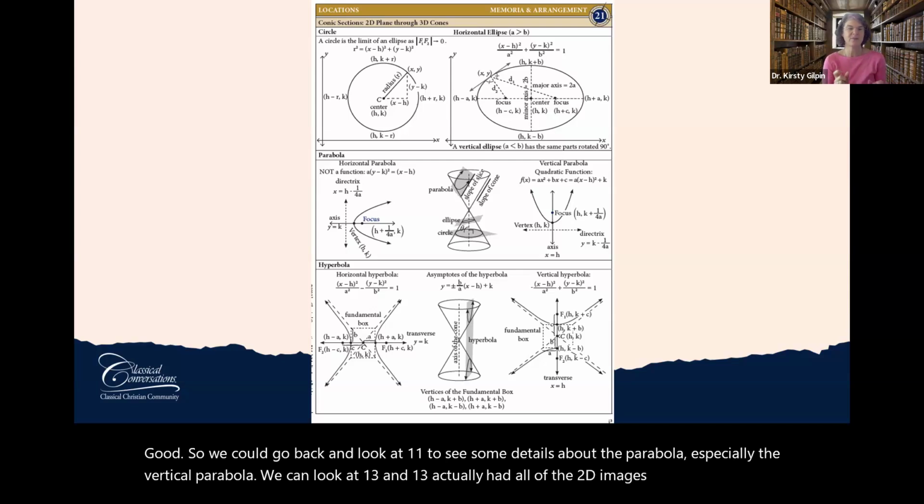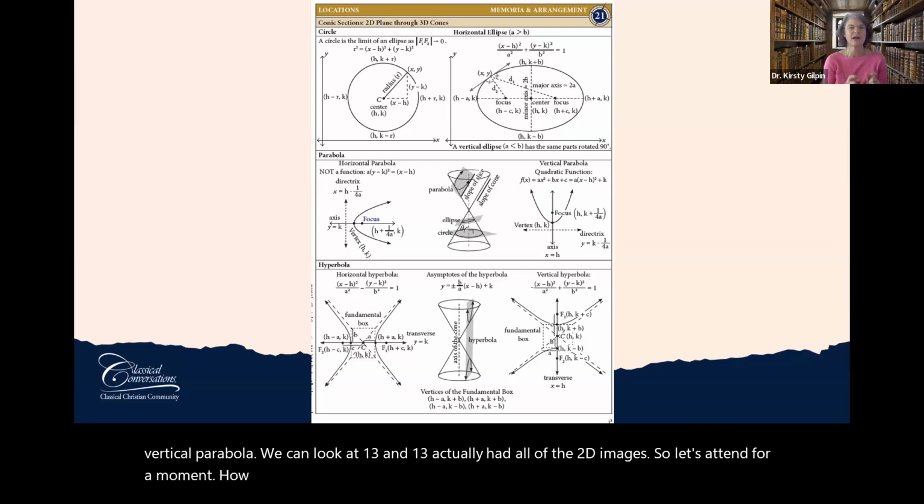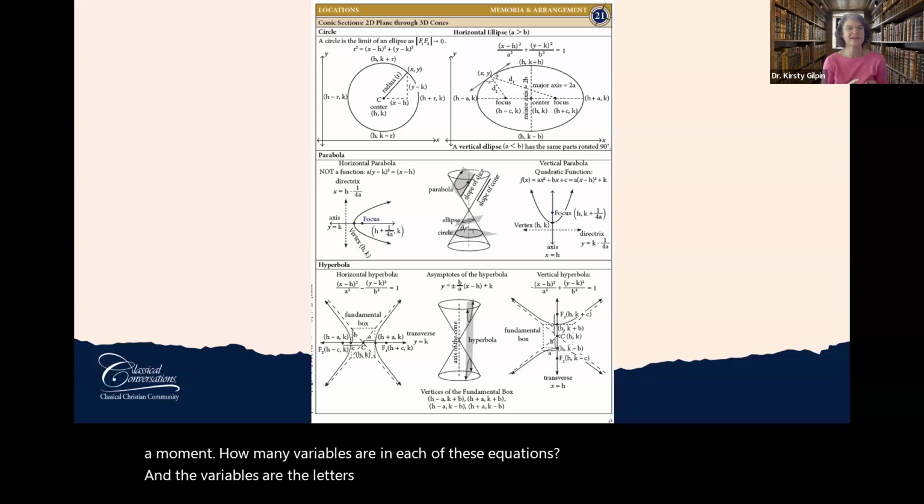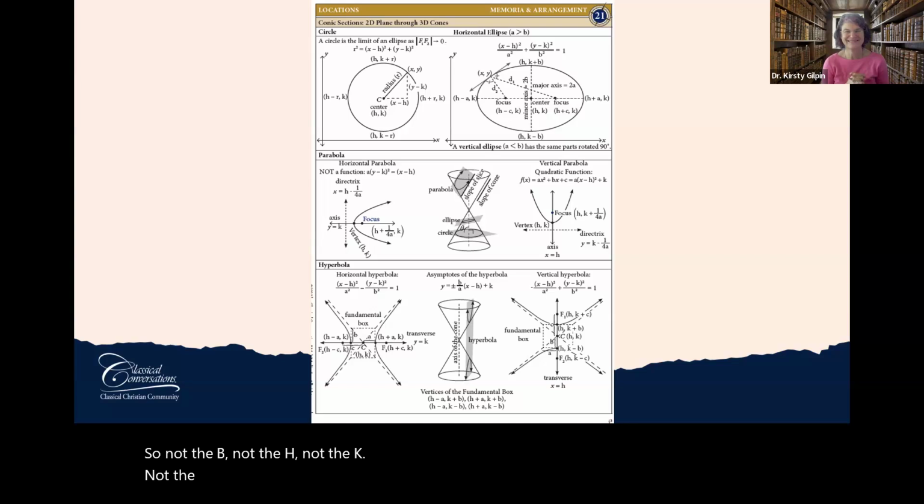So let's attend for a moment. How many variables are in each of these equations? The variables are the letters that are italicized, so not the A, not the B, not the H, not the K, not the C. So the two, the X and Y. Just two, right?